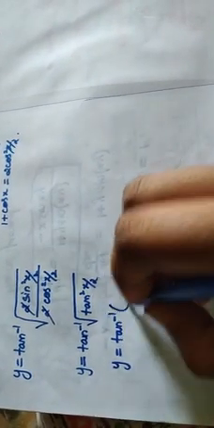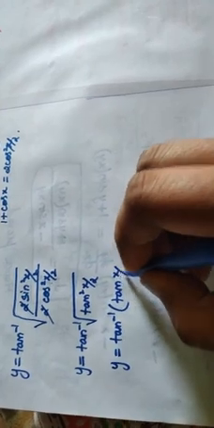So what is our answer here? y is tan inverse of square root of sine squared x by 2 divided by cos squared x by 2, which is tan squared x by 2. Remove it from the root. So y is equal to tan inverse of tan x by 2. If you cancel this, we can cancel tan inverse and tan. So y is equal to x by 2.